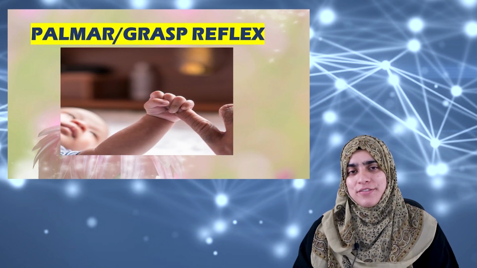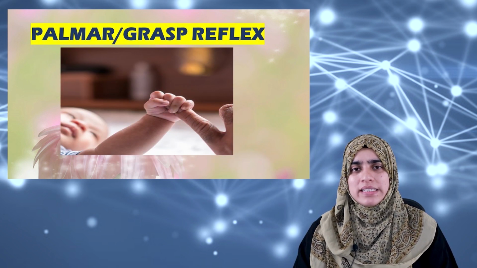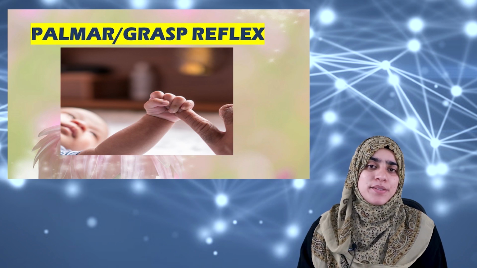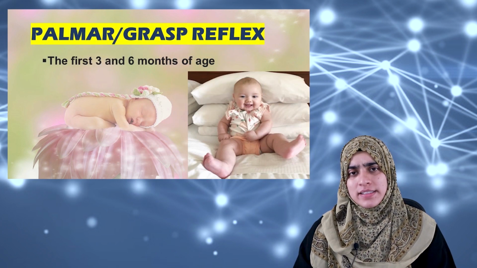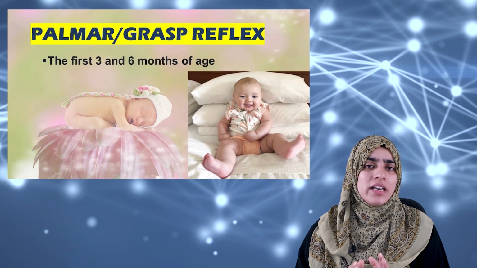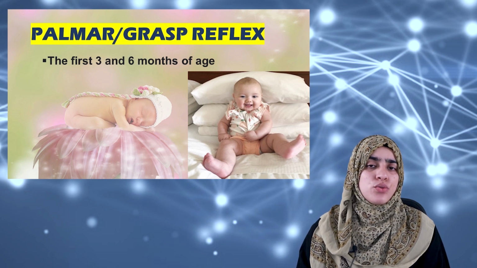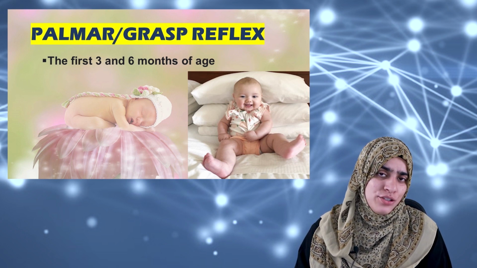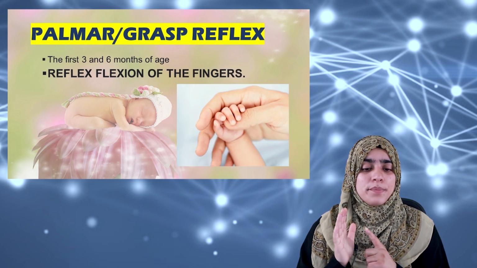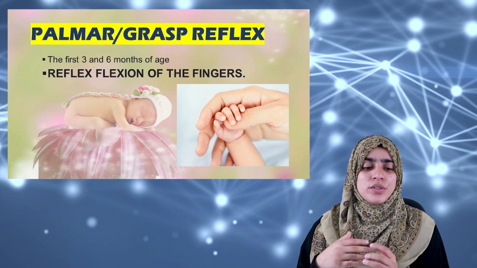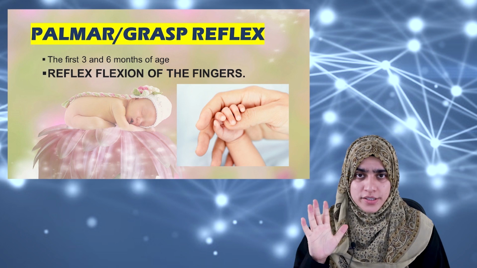The second reflex we are going to talk about is the palmar or grasp reflex. This reflex can usually be elicited in all infants during the first 3 to 6 months of age. A light touch of the palm of the baby will produce reflex flexion of the fingers.